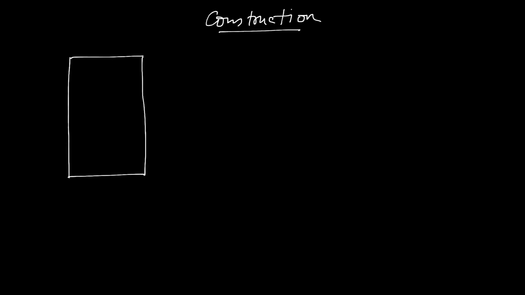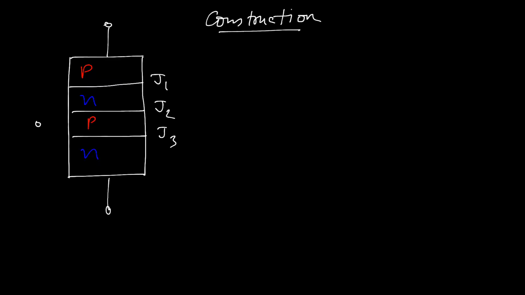This is normally constructed by 4 layers, that is P, N, P, N, and 3 junctions J1, J2 and J3, and 3 terminals, that is anode, cathode and gate.